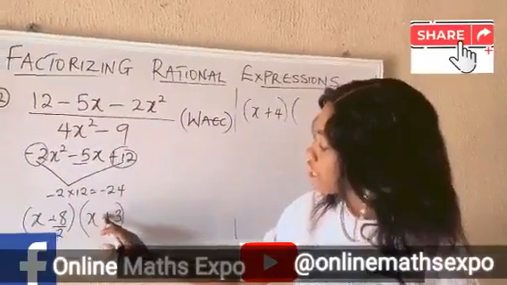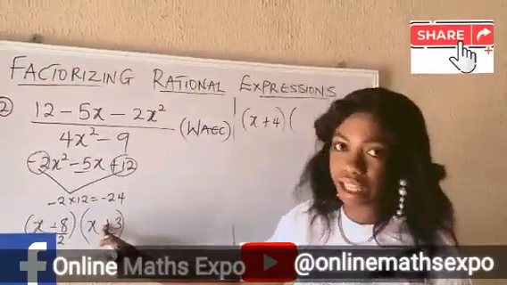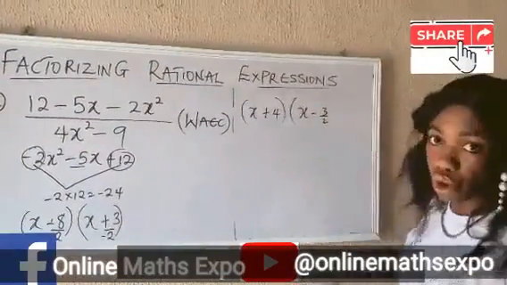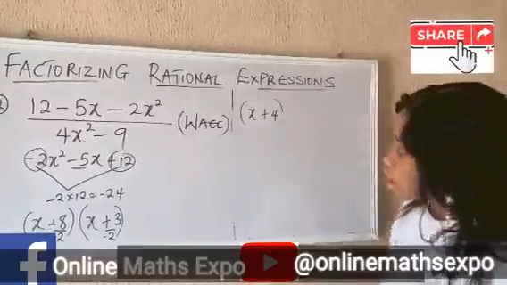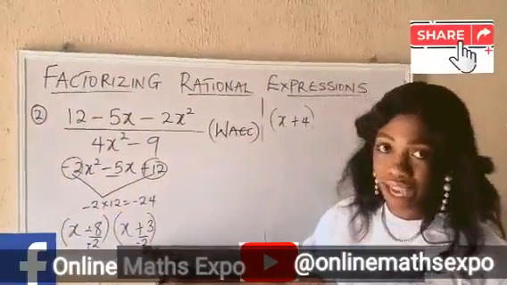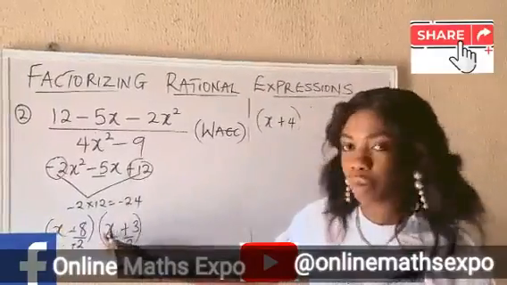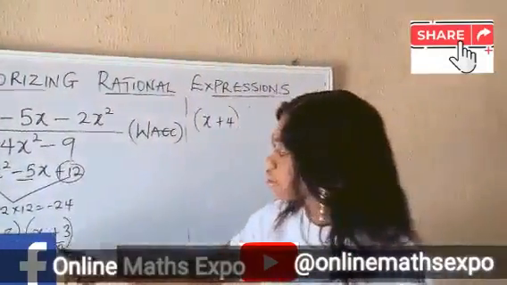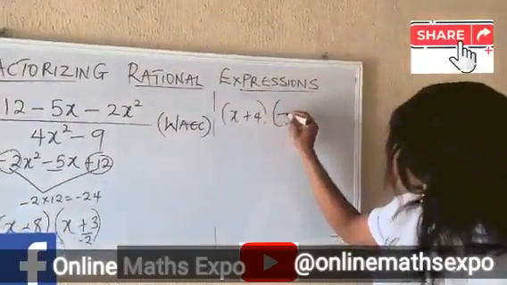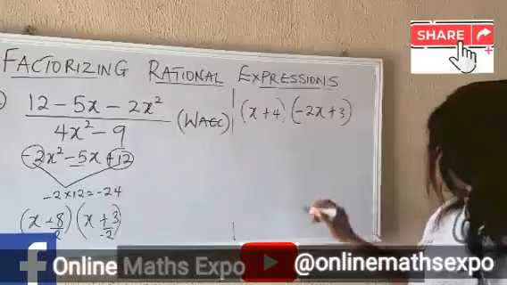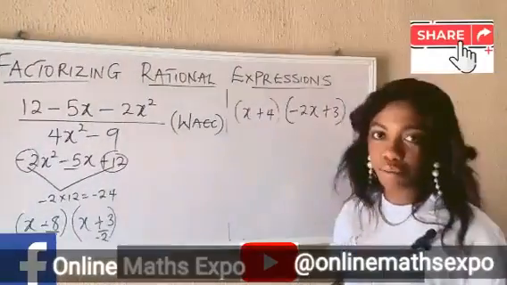Please don't divide plus 3 by minus 2 and say x minus 3 over 2. No, it is because this cannot be divided by minus 2. So as usual, you use that minus 2 to multiply x, and it will give us minus 2x plus 3. This is what we have for the numerator.